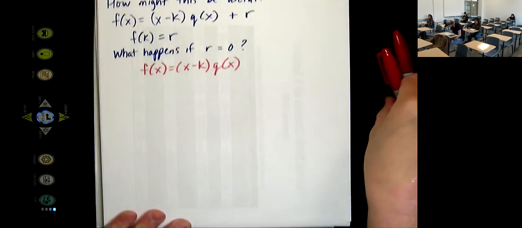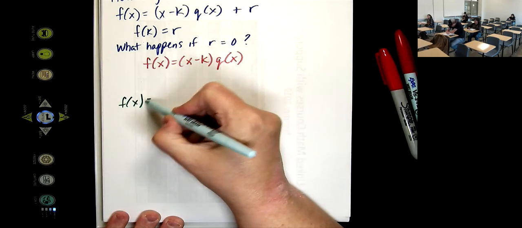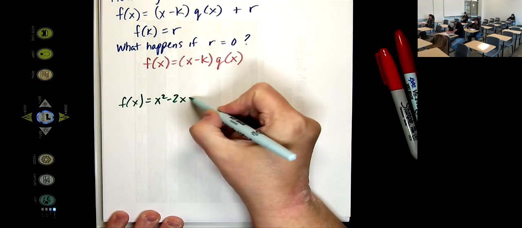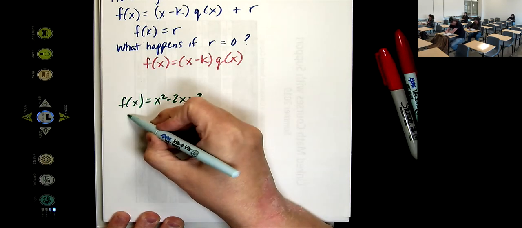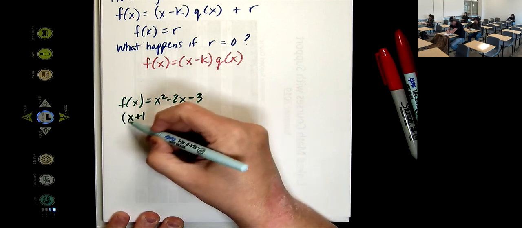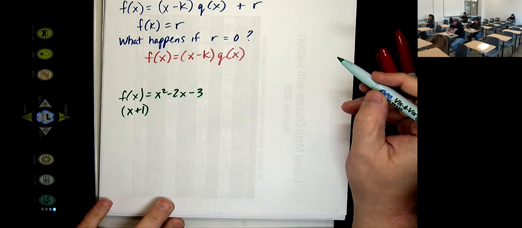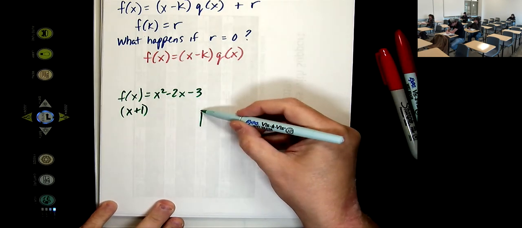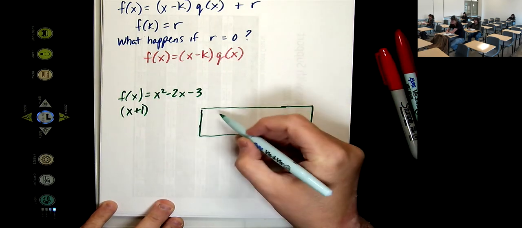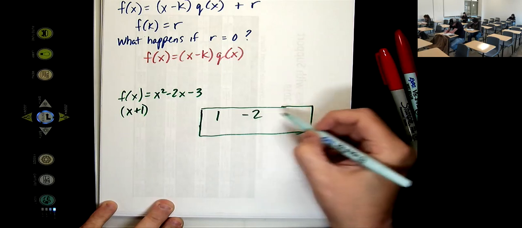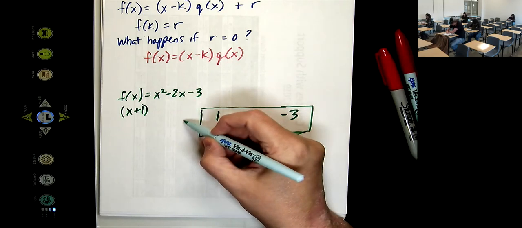Let's motivate the idea real quick and let you guys see what happens. Let's say f of x equals x squared minus 2x minus 3. And we are going to check x plus 1. So we set up our sky division, our synthetic division. I like calling it sky division because the numbers just kind of float up top. The number that goes here is -1.